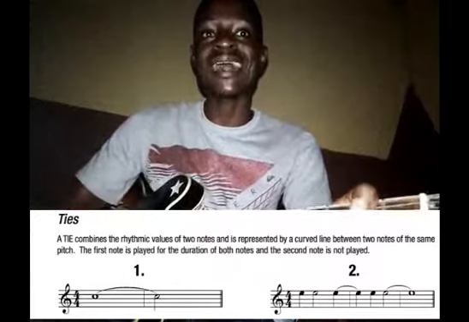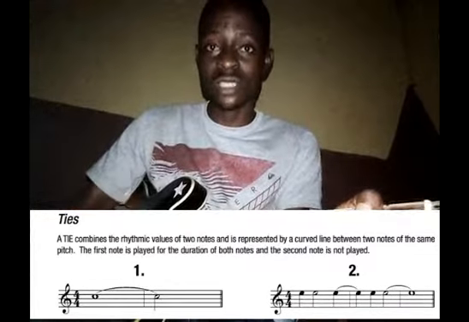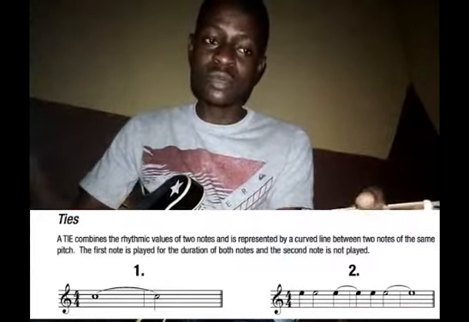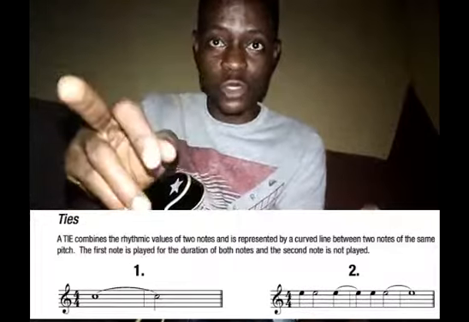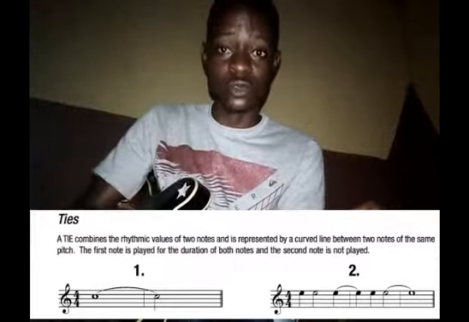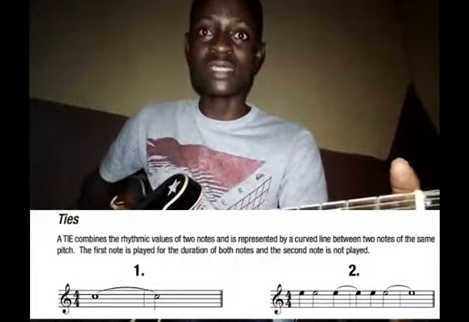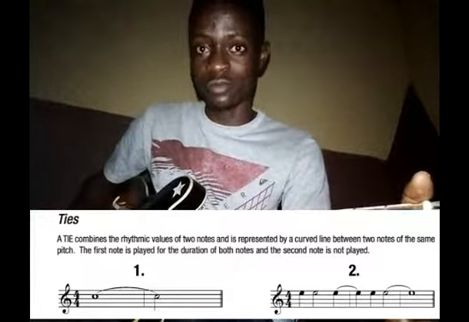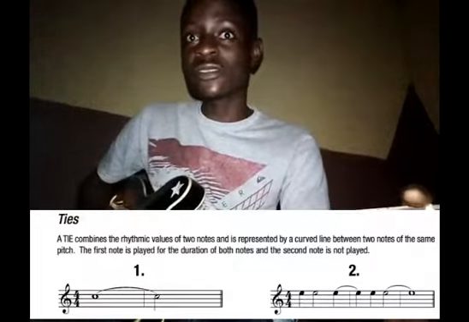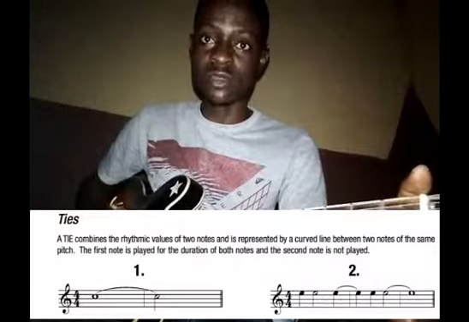Then you will play their time together: the time supposed to be taken by the third one and the fourth one, you will combine them. That's what I'm trying to say. So you play something like this: 1, 2 for both of them. Then the fifth one does not have a tie, so you just play 1.